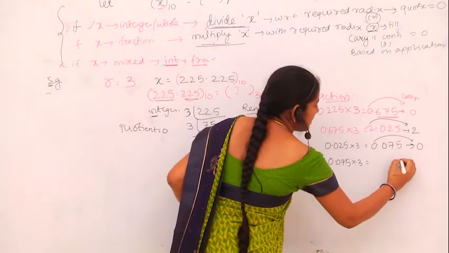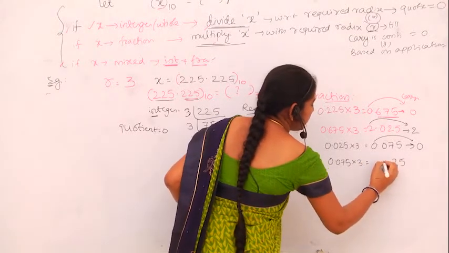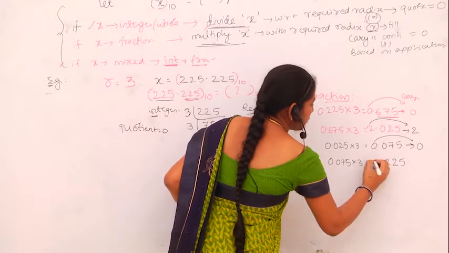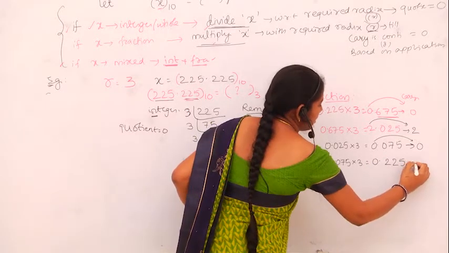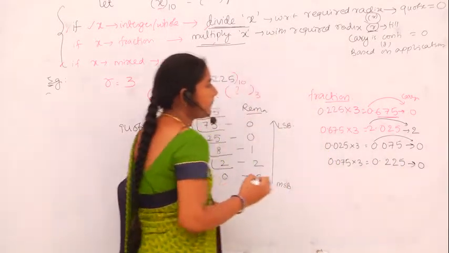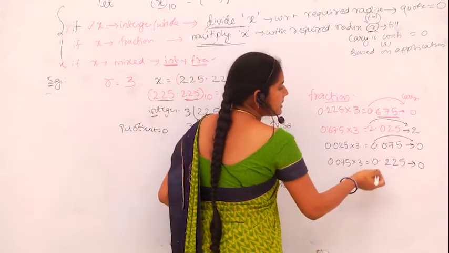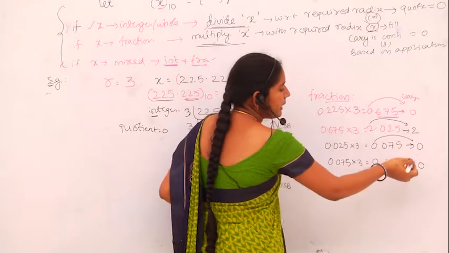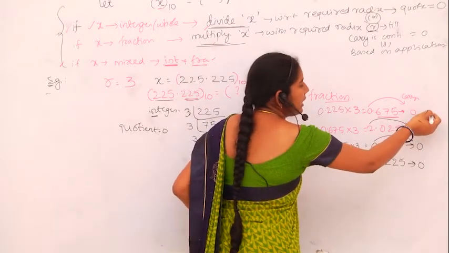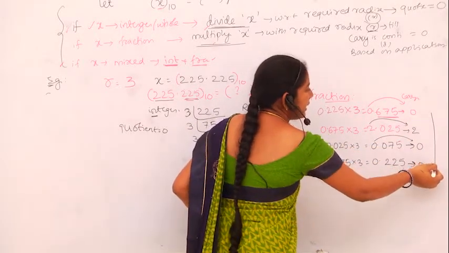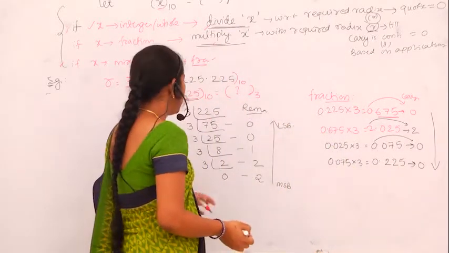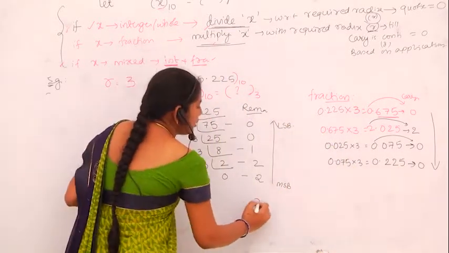And the result is 3 5s are 2, 2.0. Again, this carry is 0 and we can stop here itself and take all carries in the downward direction.